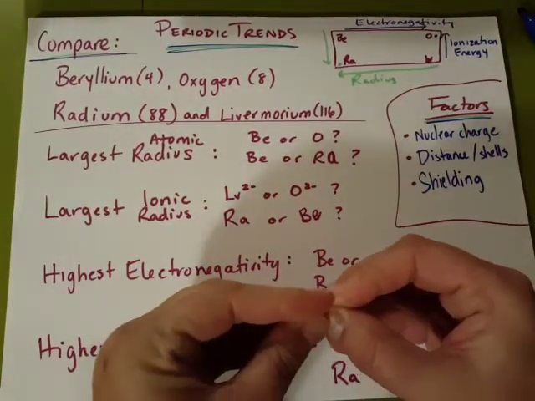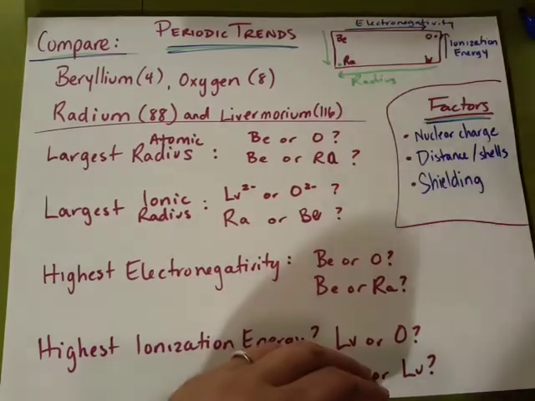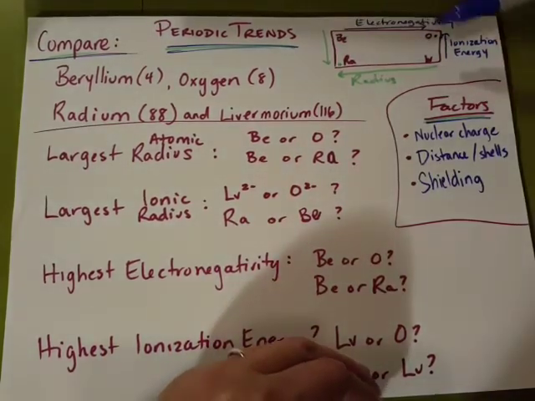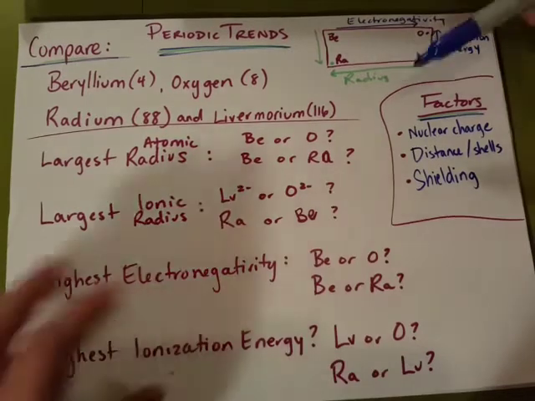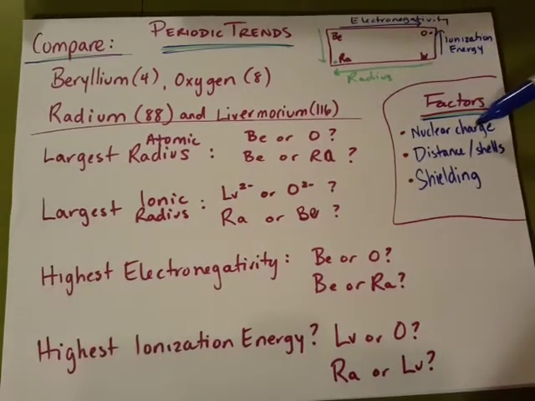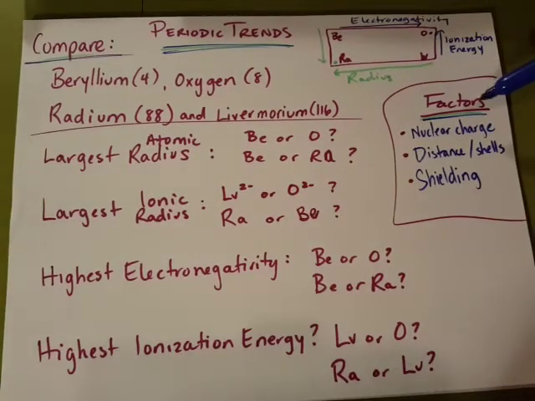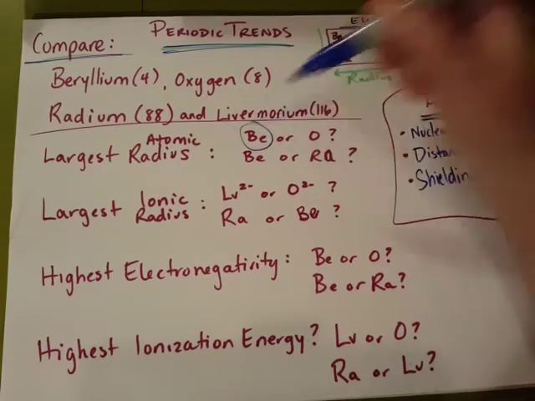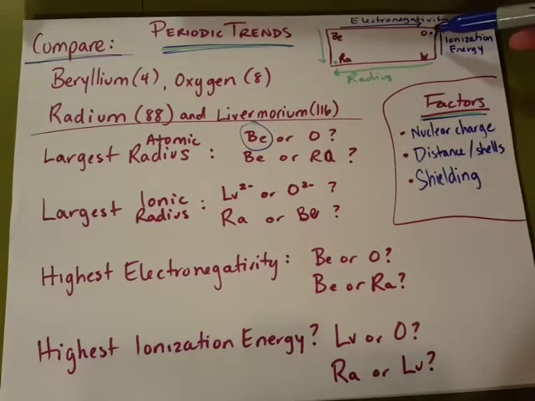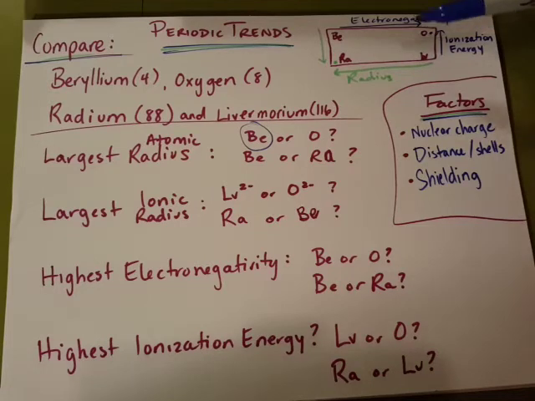Further on the left-hand side of your periodic table will be the area where the protons will have the least nuclear charge. So beryllium will be the largest, whereas with oxygen, it's the same distance, but there are more protons pulling those outermost electrons in.